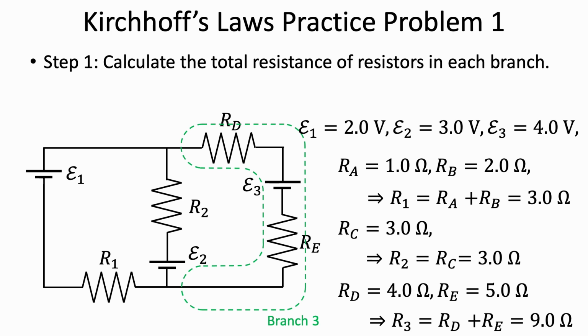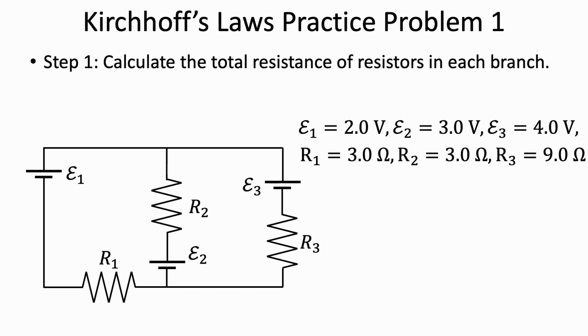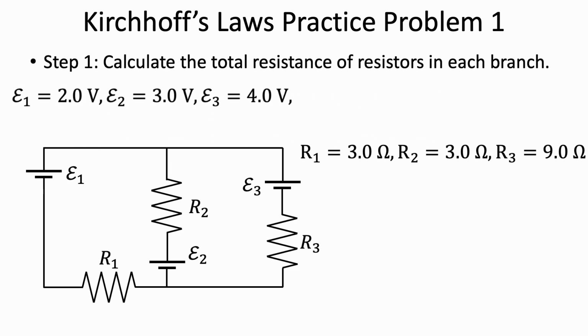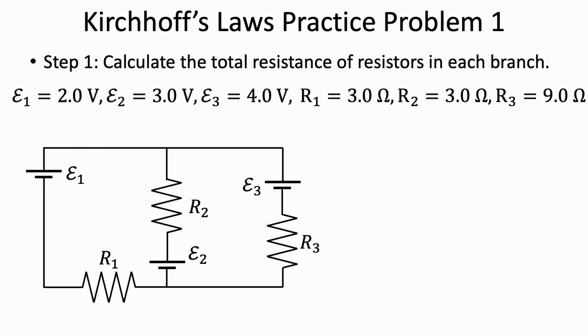The total resistance, which I call R3, is RD plus RE, and it is equal to 9 ohms. We can now replace 2 resistors in branch 3 with a single resistor R3. You can see that our circuit is simpler than what we had because we have fewer resistors now.